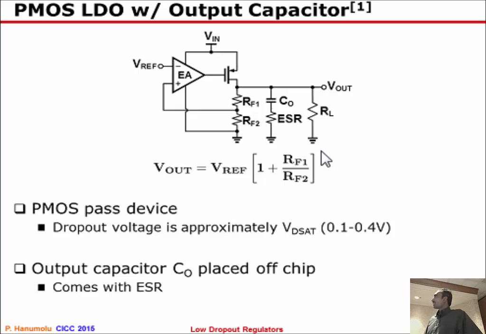Output capacitor C0 is placed off chip because this is the cap-based LDO, and it often comes with some amount of ESR. When we discuss stability, I'm going to talk a little more about how to make use of ESR in order to actually stabilize this feedback loop. That we will discuss shortly.